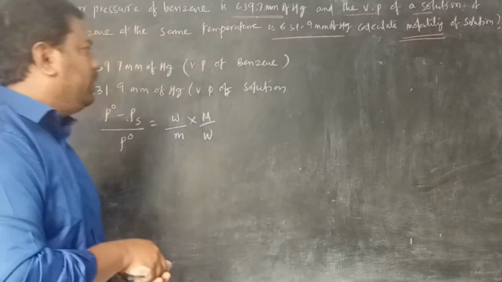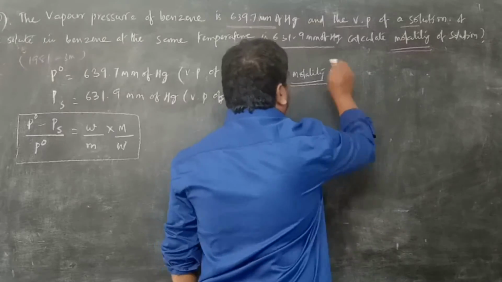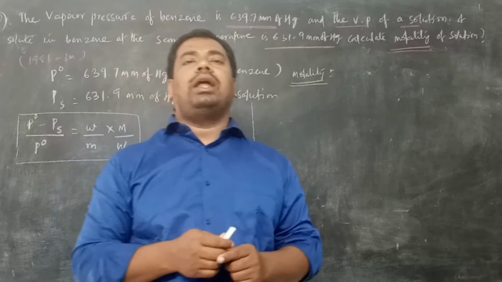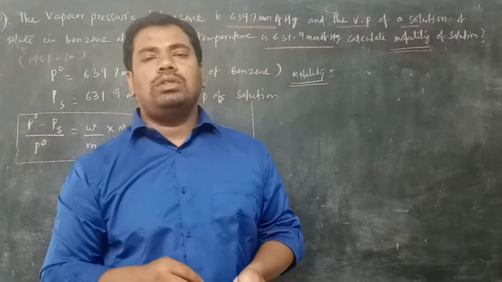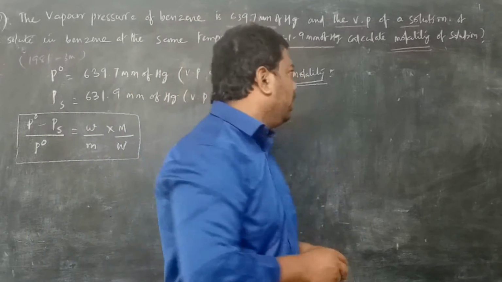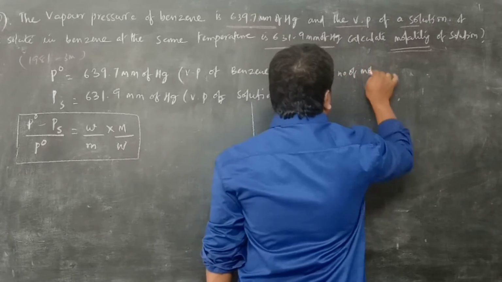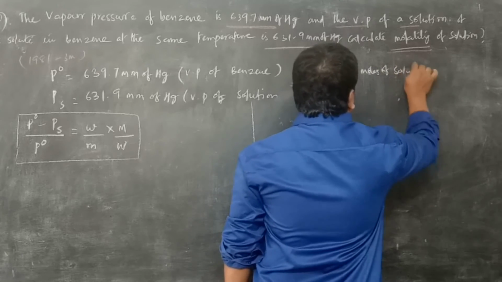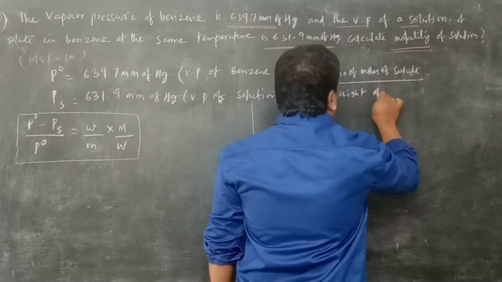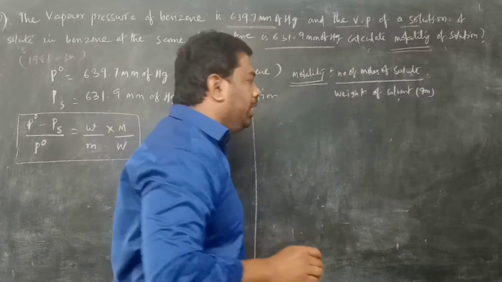What is meant by molality? Molality is the number of moles of solute per 1000 grams of the solvent. That is, number of moles of solute divided by weight of solvent in grams, into 1000.